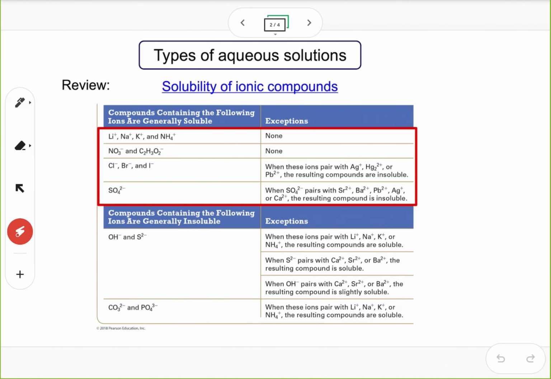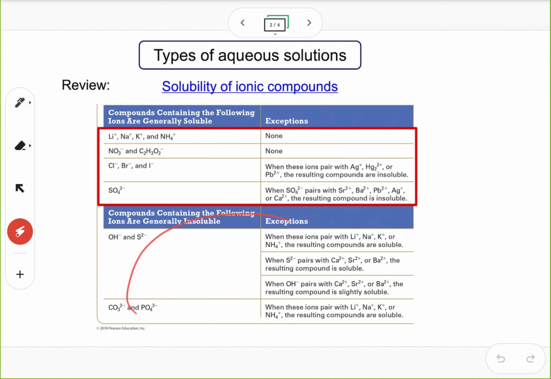Before we talk about precipitation reactions, let's take a quick review about the solubility of ionic compounds. Again, this table from your textbook has two parts. The top part is about soluble ionic compounds with the exceptions.